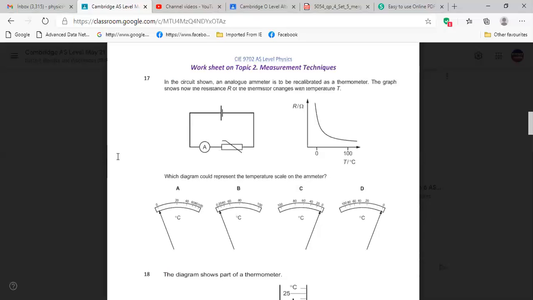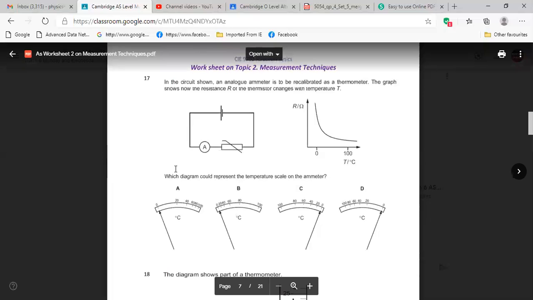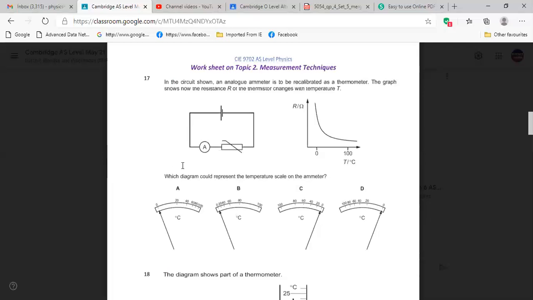Yes, sir, could be A, because with increase in temperature, a small change in temperature, the current is most in A, right? Isn't it? Yes, sir. Okay, so for 17 you write A. Yes.